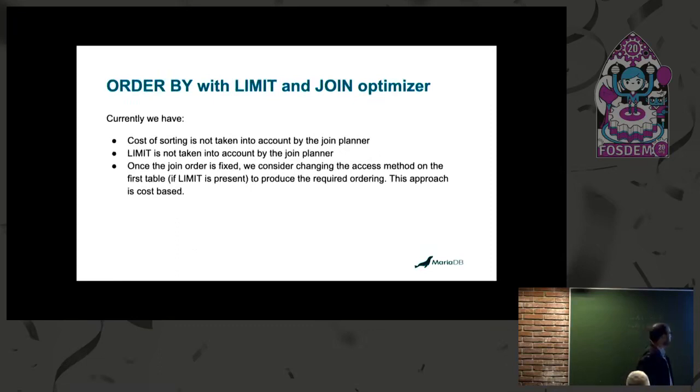Now, what do we currently not have in the order by limit optimizer? We currently don't take the cost of sorting and limit into account. The only way in which we are able to shortcut the join execution is that after a join order is picked, we check if the use of an index can shortcut the join execution, or if there is something like equality propagation so that you could just file sort by the first table picked by the join order.